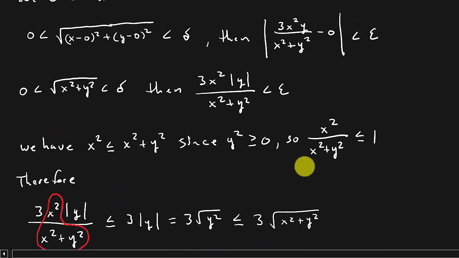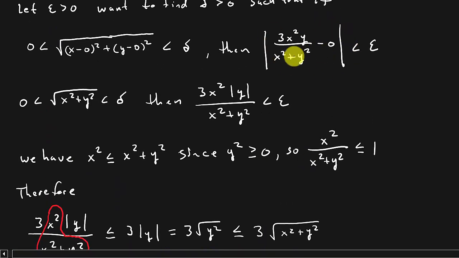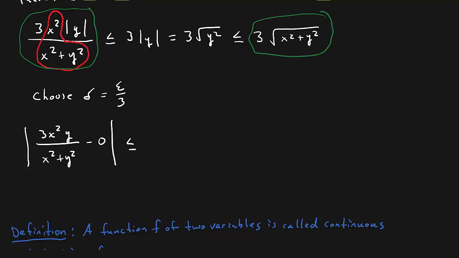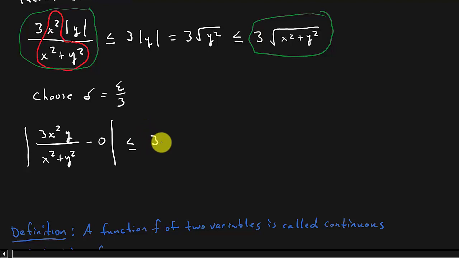All I did was write this down again. Now, what do we know about this? We know this is less than or equal to what? Well, do you see this right here? This is less than or equal to this, right? So that's less than or equal to 3 times the square root of x squared plus y squared, which is less than or equal to 3 times what?